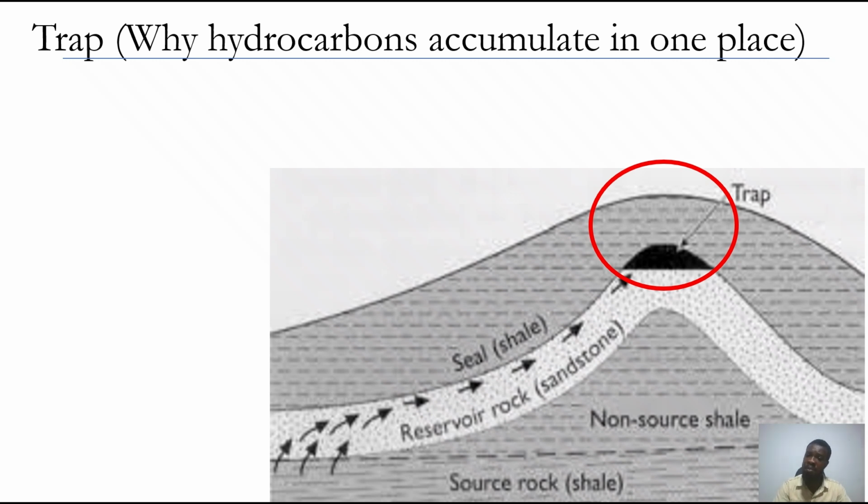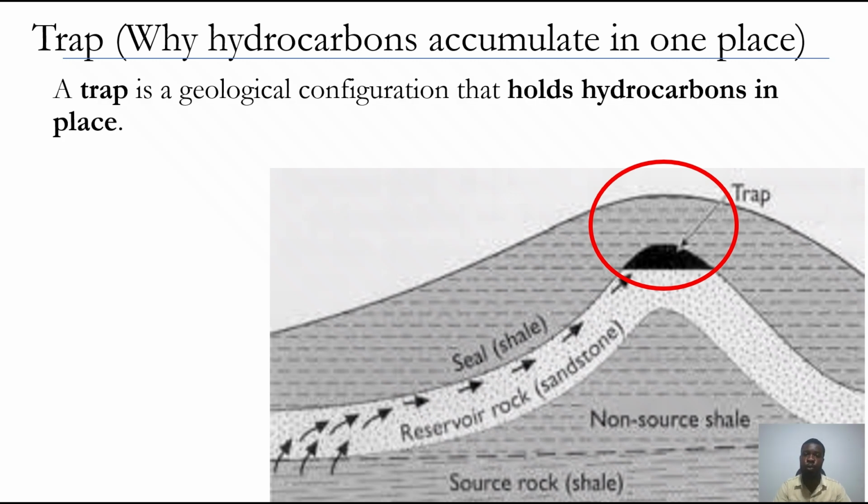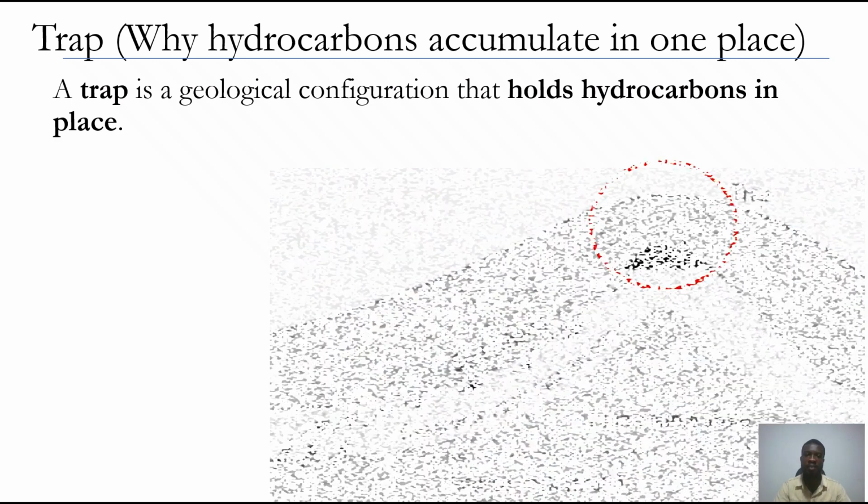It is the same for a petroleum system. What traps do is that they are a geological configuration which holds the hydrocarbon in place. They are the ones which make sure that these hydrocarbons are stored and also accumulate in huge quantities for it to be economically viable. That is, for us to get enough oil to sell and earn profit.